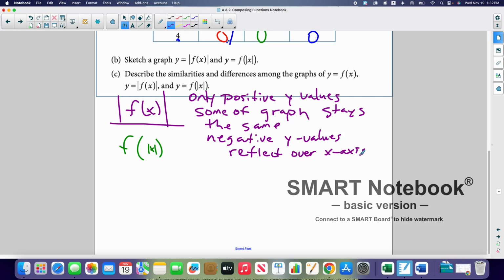Okay? So could we make a very similar statement for the f of the absolute value of x? What happens there? Which way are we reflecting there? We're reflecting across the y values. So the positive x values stay the same.